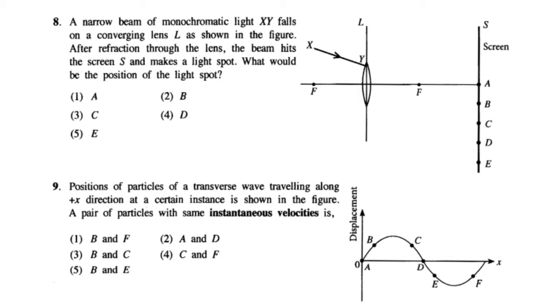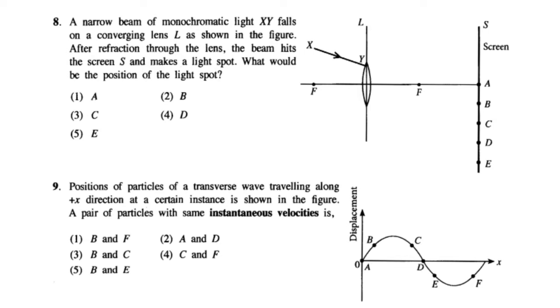So we mark that point as P. Then the refracted ray of the XY incident ray also should go through P, that point. So when you connect Y and P, it meets D. So the image, the light spot would be at D. Answer 4.